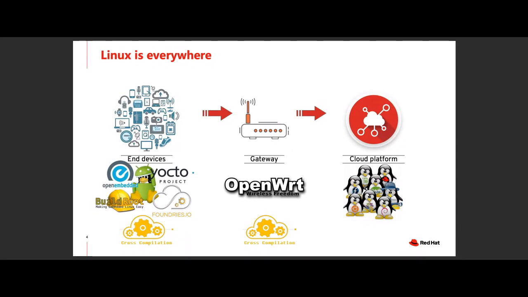Most people learn Linux from a PC or server. On a cloud platform, you can see a lot of different Linux distributions running on the cloud and PC. Next slide, please.